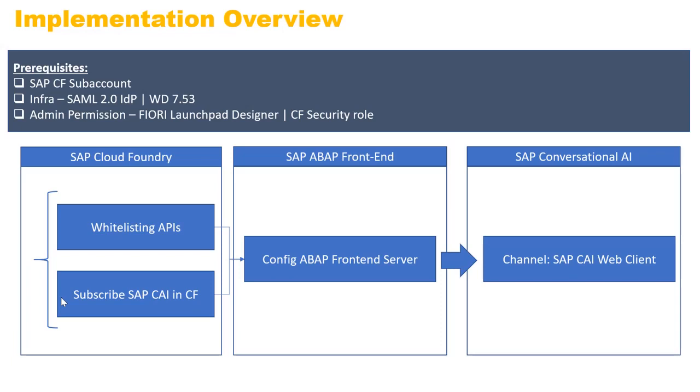In SAP Cloud Foundry, first of all we have to whitelist the APIs that we are going to use as part of our Conversational AI bot. The most important thing is that we have to have a subscribed Conversational AI in our Cloud Foundry sub-account. We'll see the details in our subsequent section.